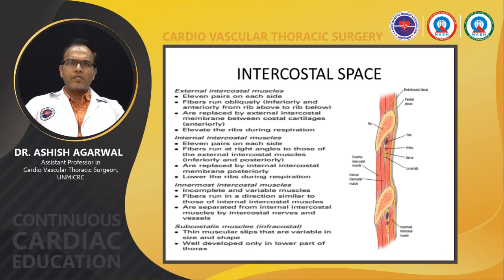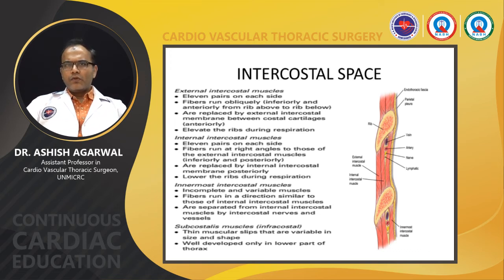Fibers run in a direction similar to those of internal intercostal muscles, and are separated from the internal intercostal muscle by intercostal nerve and vessels. Subcostalis muscle or infracostal muscle is a thin muscular slab that is variable in size and shape and well developed only in the lower part of the thorax.